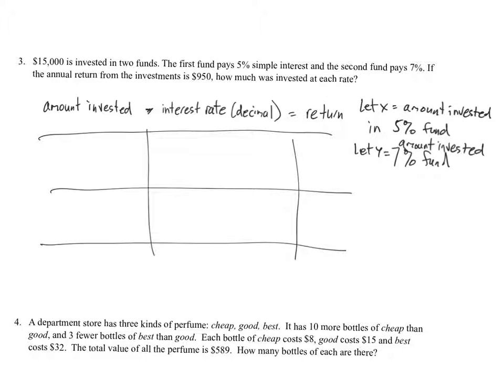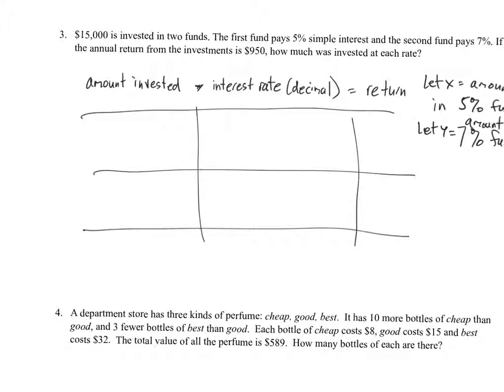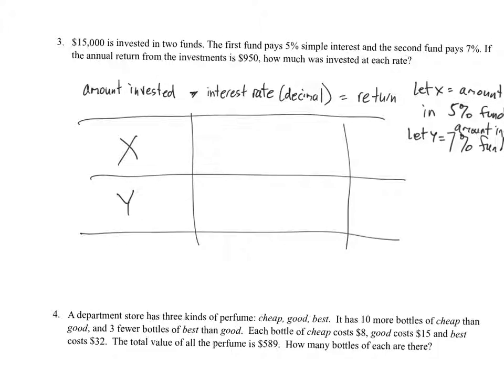Okay? So x is the amount invested in the 5% fund. y is the amount invested in the 7% fund. Now, how do you set this up? Well, we're looking for x and y, the amounts invested. We don't know how much we're investing in the 5% fund. We don't know how much we're investing in the 7% fund. But what we do know is that between these two, the total is 15,000.